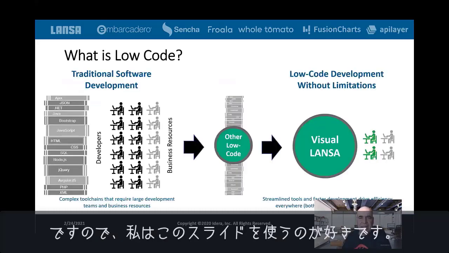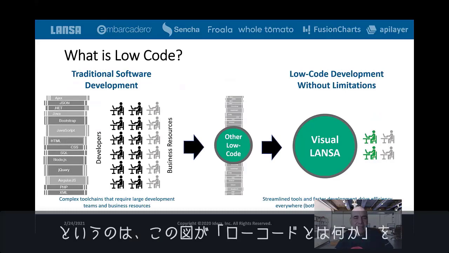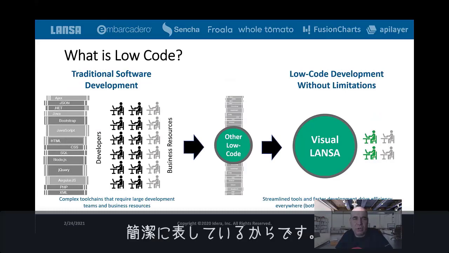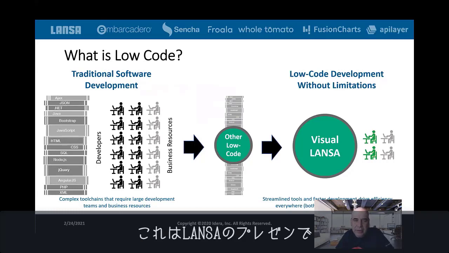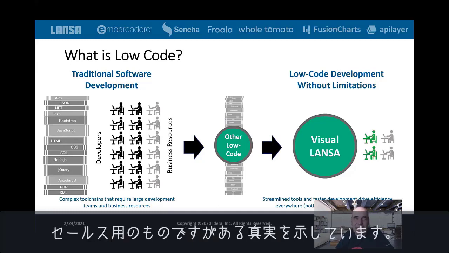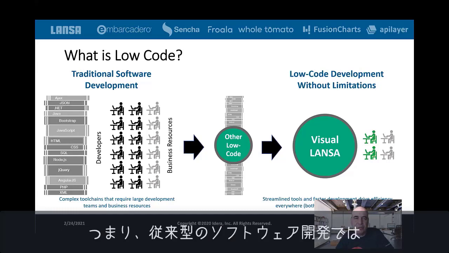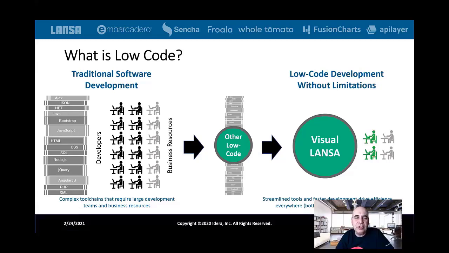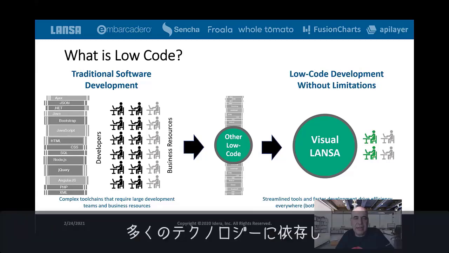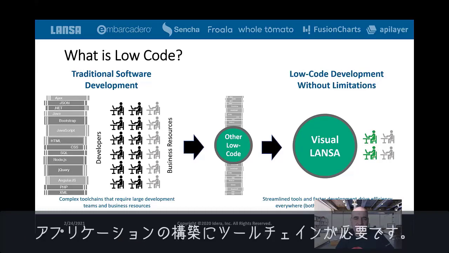So I like using this slide because it really kind of nicely represents what low code really is, at least to me. I'm borrowing it from our Lanza pitch deck, which obviously is a sales deck, but it speaks to the fact that if you look at traditional software development, you usually rely on a lot of technologies or tool chains to build an application.